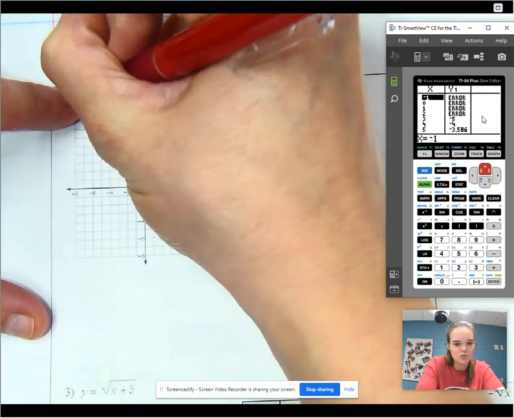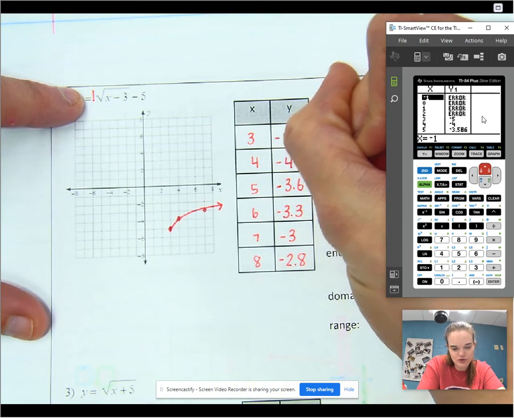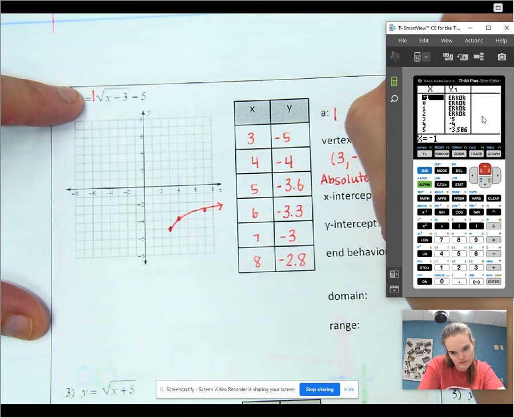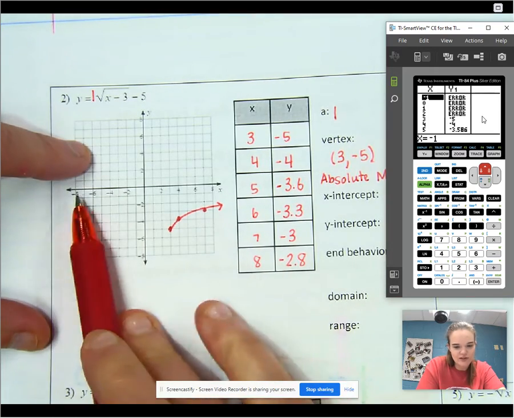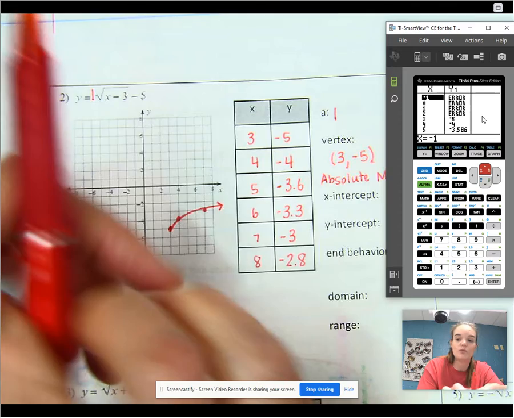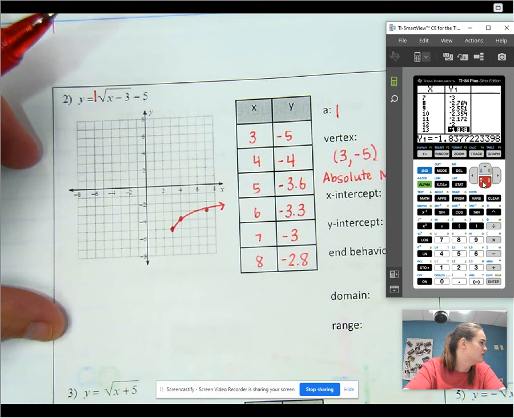A is 1. We've got the vertex. It is an absolute minimum. The x-intercept. Since this is going up, it will cross. We have to find it. It's where y is 0. So let's go till we see over here y of 0. Might be a long time.